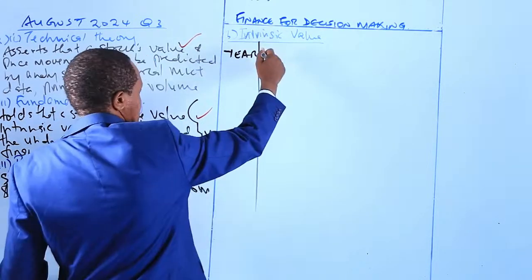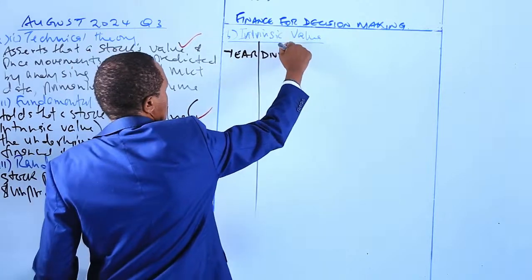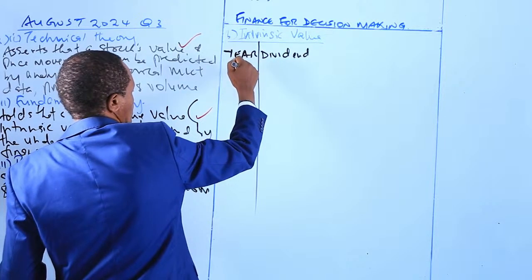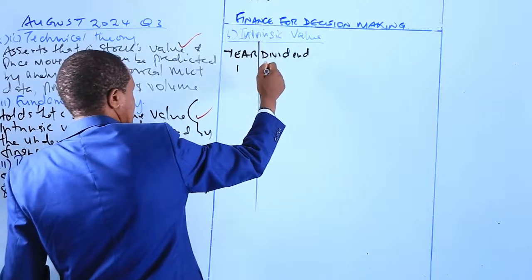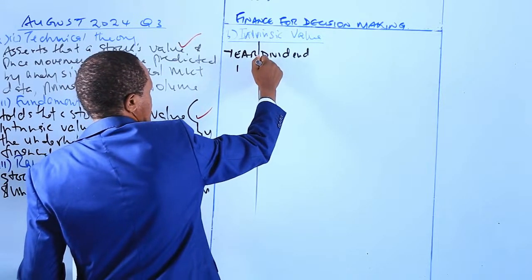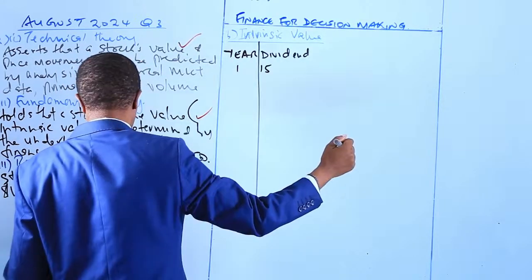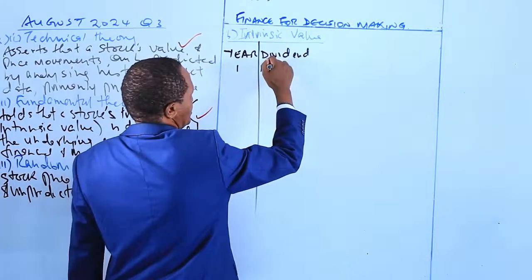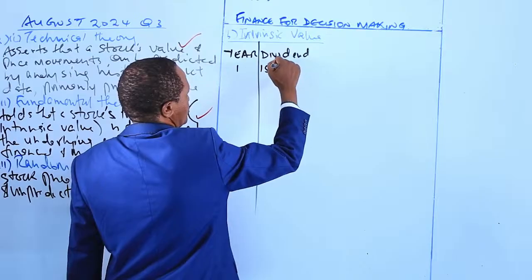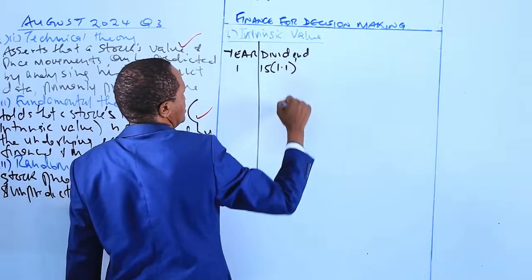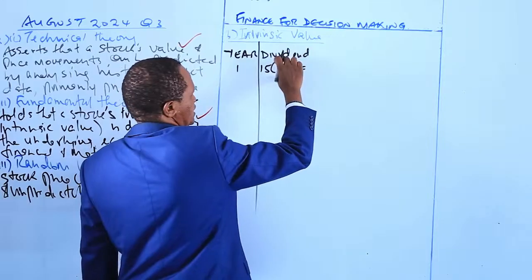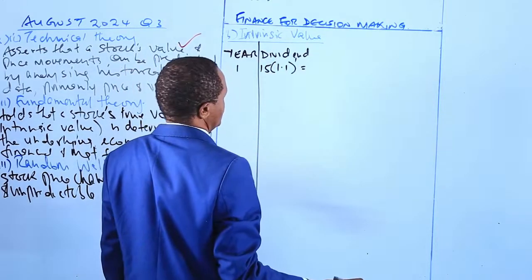Column 2, we have dividend. So for example, year 1, look at the question. Year 1, that dividend of 15 shillings will grow at 10%. So we are going to multiply this 15 by 1.1, we raise to 1. That is the value of this dividend at the end of year 1.